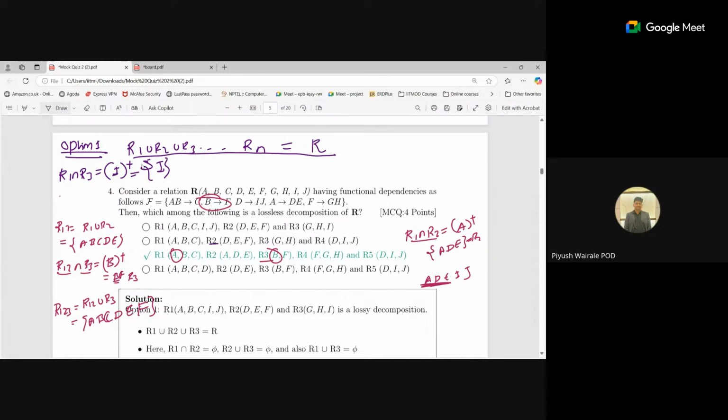Now if you go with 5, then D is common, right? Again from D I will get DIJ, which is R5. Again I can do R123 union R5. So R1235, in that IJ will get added here. Now I am left with only R4 with R1235. In that case F will be the common, but anyway from F I am going to get R4. So here I can join all the relations back to get the original relation.